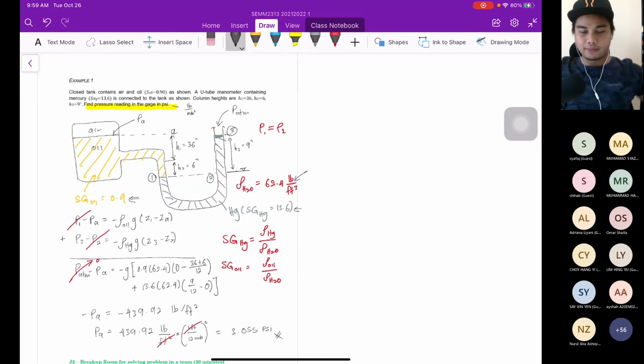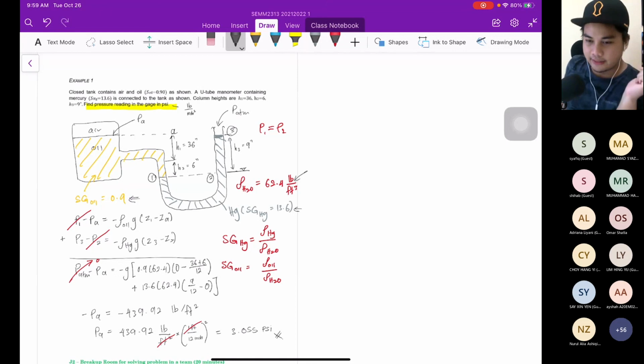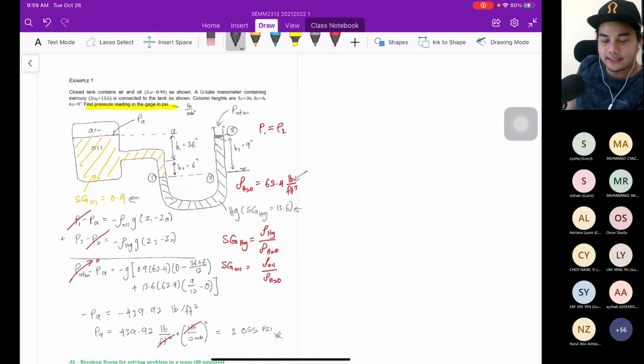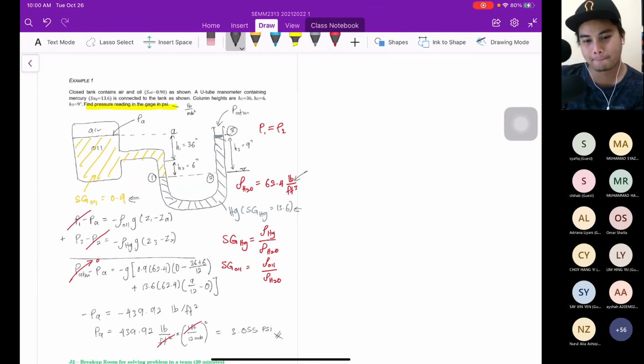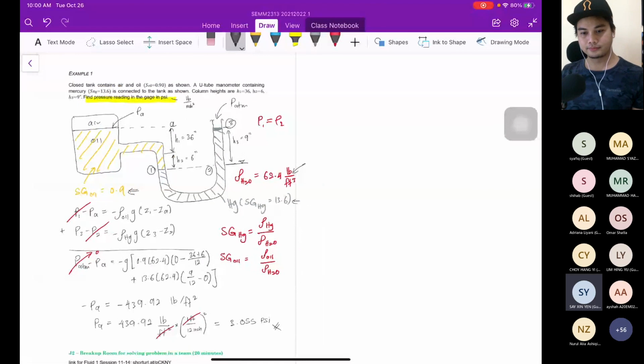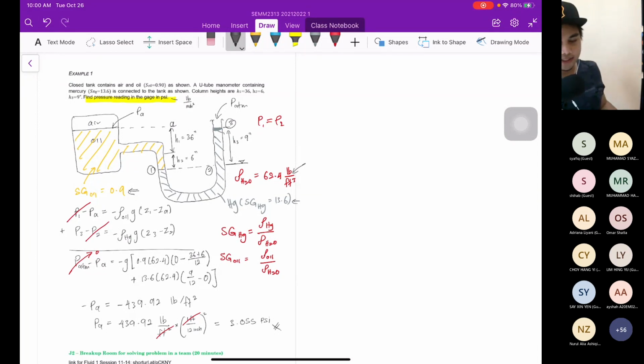You must know how to convert between non-standard and standard units. Okay, San Xingyi, do you have any question? Anything? Okay, I assume no question.